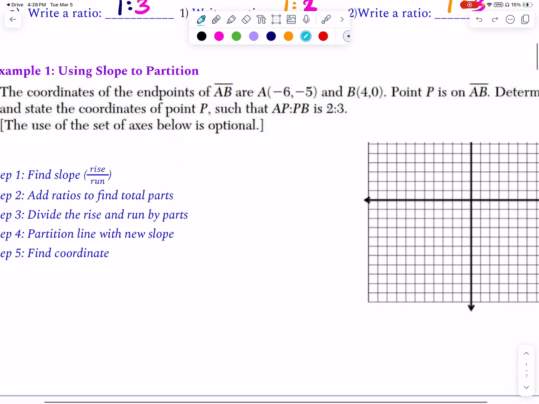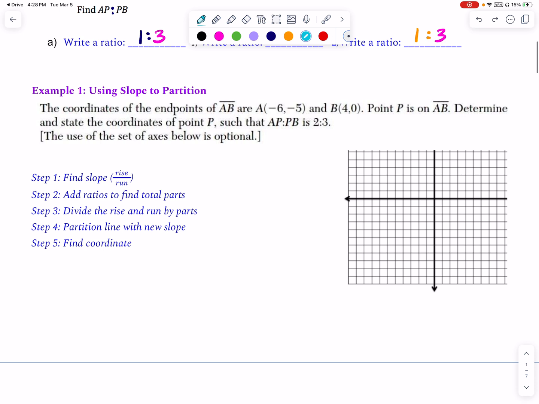So let's apply this to the coordinates using slope to partition. So a synonym of partition is to divide into parts. The coordinates of endpoints AB are A at -6, -5, and B. Let's graph those points and label it.